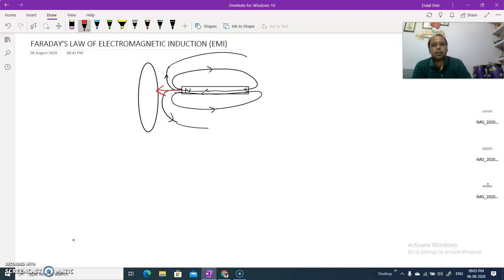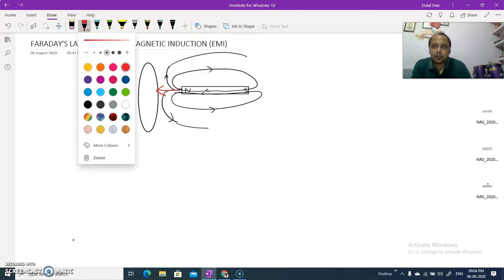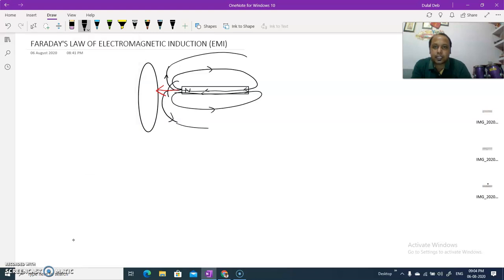When the magnet is moved in this direction, whatever flux was linked initially, that is the number of lines of force passing through the coil, will obviously increase, because you can see that at this region the number of lines of force is more, that is, the density is more. Therefore, when it gets nearer the coil, the flux increases.